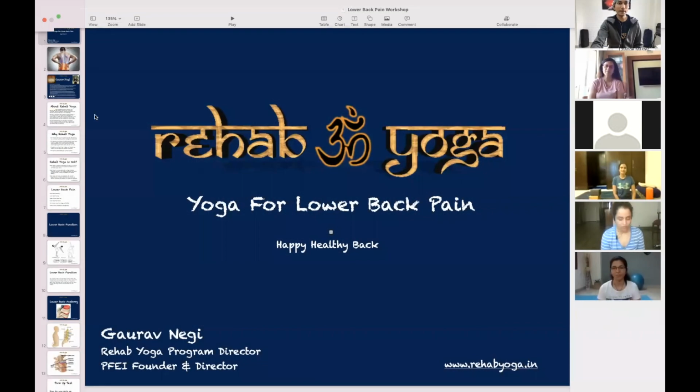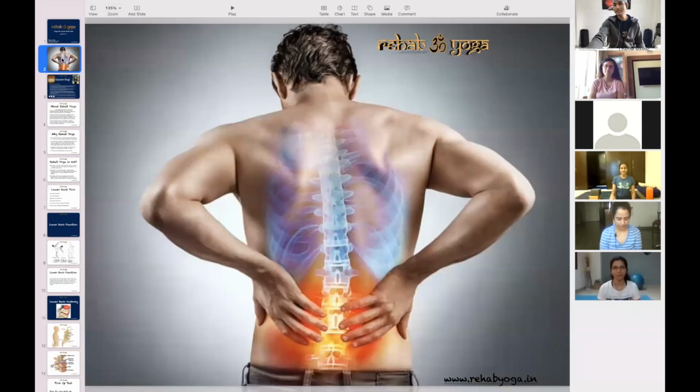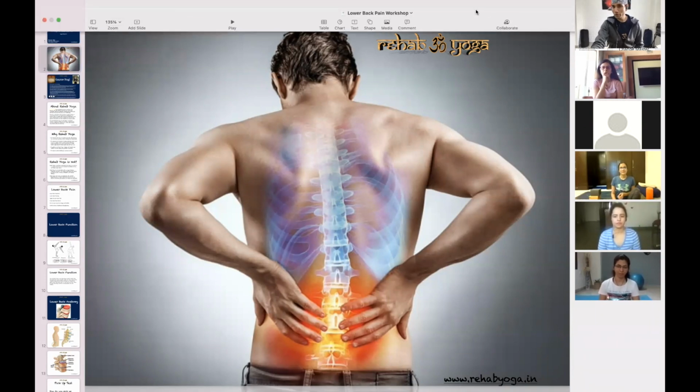All right. And we will see what the reasons for lower back pain are. About 90% of the population in the world goes through lower back pain, of some kind or other. But mostly, in those 90%, 99% of cases start from the same cause nowadays.